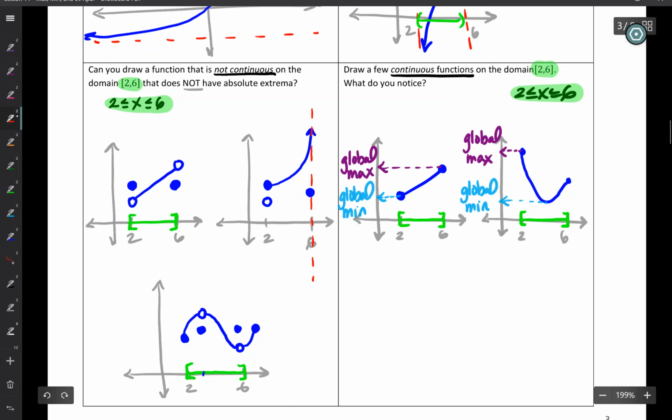So notice here the range of this function is also closed.